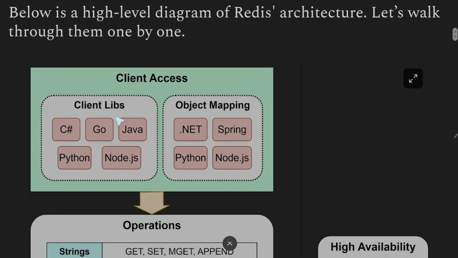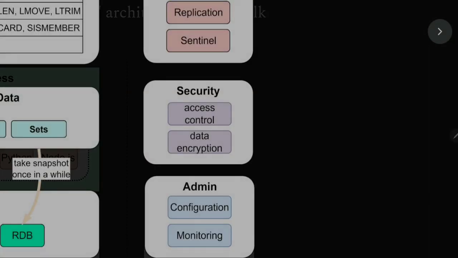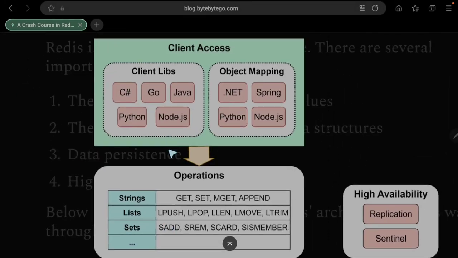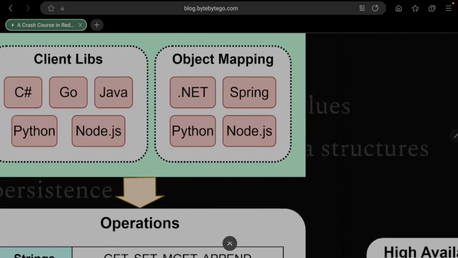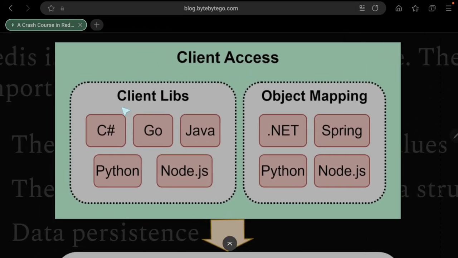So we see here that we have clients. It has multiple client libraries like Go, Java, Node.js, Python, C#. So it has client libraries for popular languages.